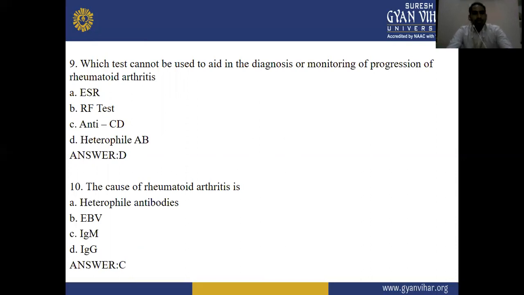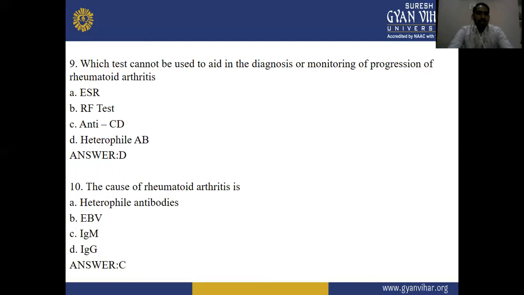Next question. Which test cannot be used to aid in the diagnosis or monitoring of progression of rheumatoid arthritis? Option A is ESR, option B is rheumatoid factor test, option C is anti-CCP, and option D is heterophile antibody. The right answer is D. Heterophile antibody cannot be used to aid in diagnosis or monitoring of progression of rheumatoid arthritis.